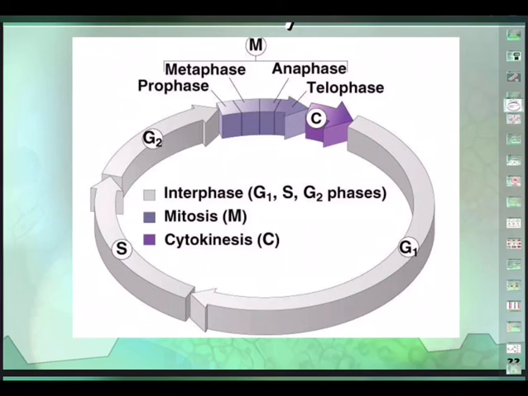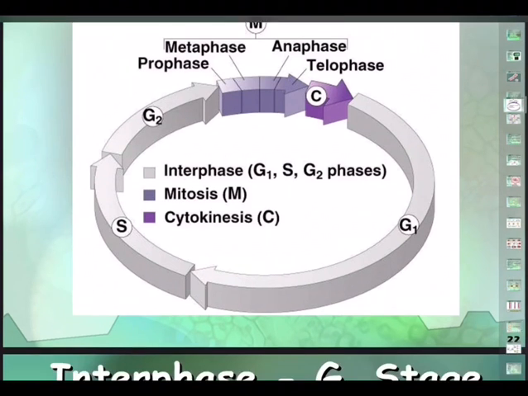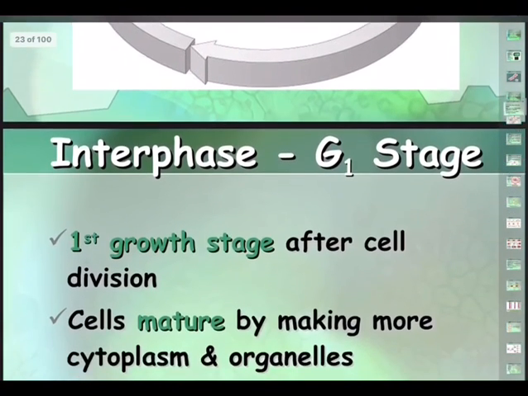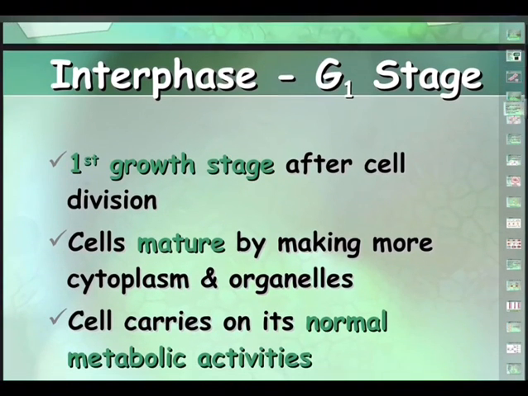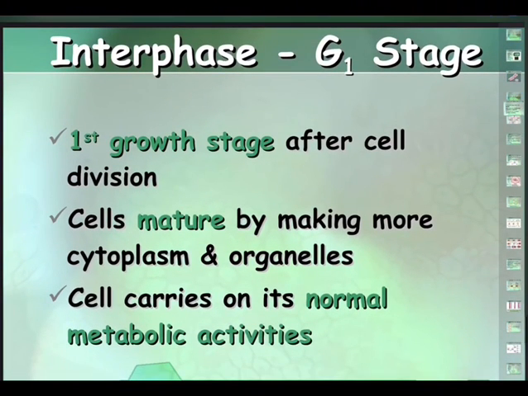So interphase mainly consists of G1 phase, the growth 1 phase, S phase, the synthetic phase, and G2 phase, the growth 2 phase. So interphase has three subphases: G1 phase, S phase, and G2 phase.